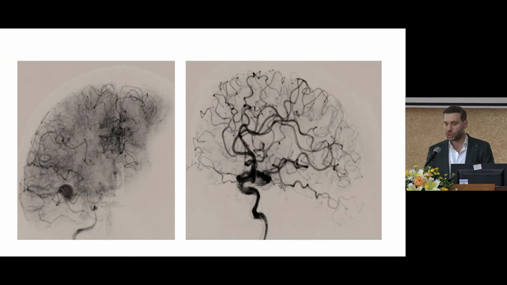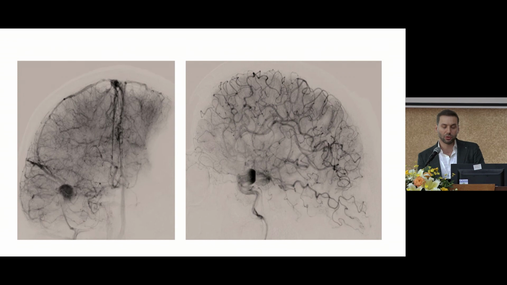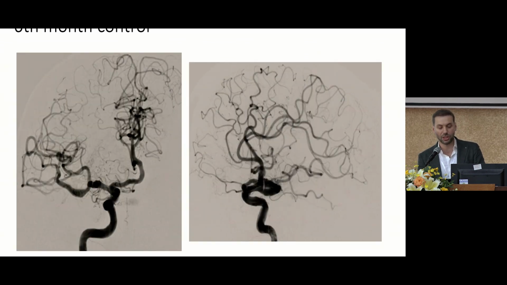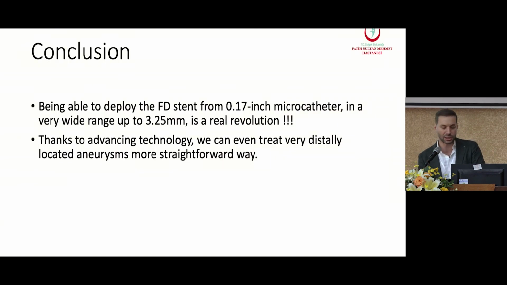And as a conclusion, being able to deploy a flow diverter stent from a 17-inch microcatheter in a very wide range up to 3.25 millimeter is a real revolution, I think. It's the second generation of flow diverter stents. And thanks to advancing technology, it helps us to treat even very distally located aneurysms in a more straightforward way without spending so much effort to treat these aneurysms.